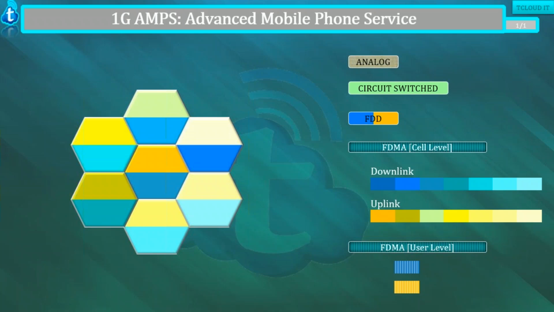It could be a logical circuit or a physical circuit, but a circuit must be established. That's one requirement. Only after the circuit gets established do you start sending the data. Of course, the data would be analog data, transferred in analog format by using the analog radio signal. That was the idea.